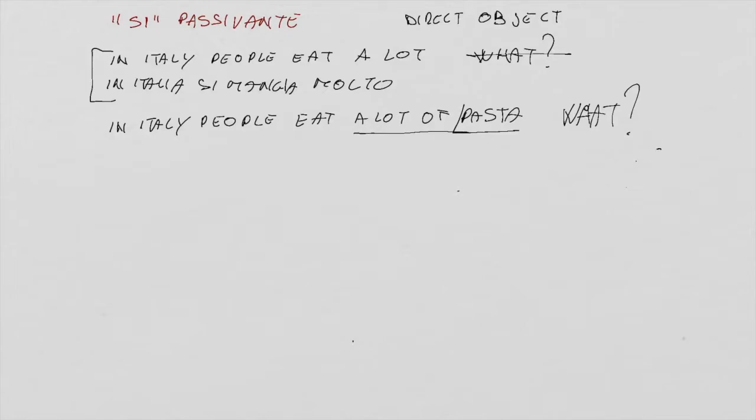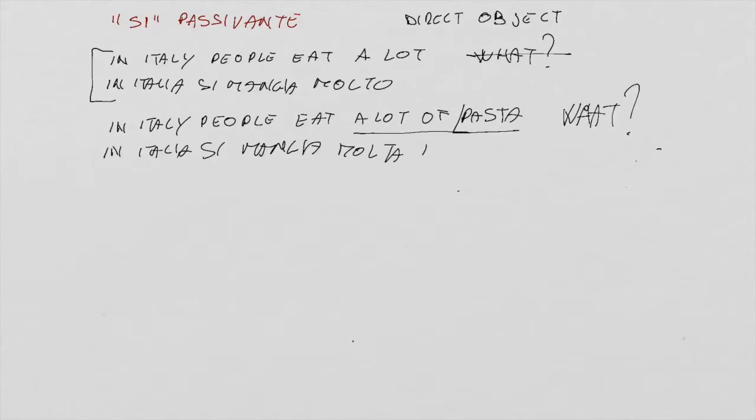Now, when you translate this sentence into Italian, you simply apply what you have learned about the impersonal si. So you write, in Italia si mangia molta pasta.